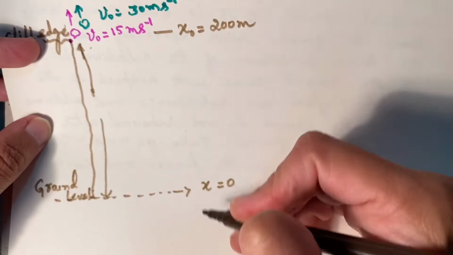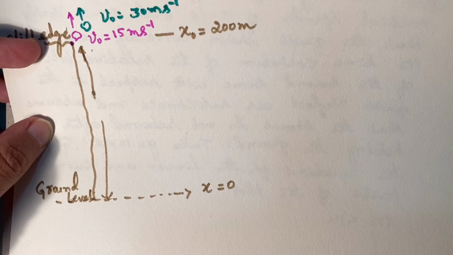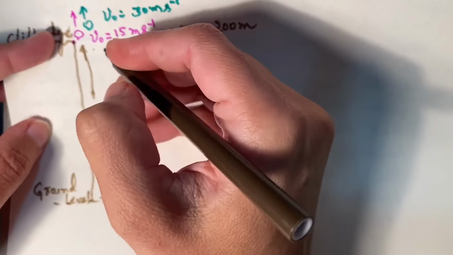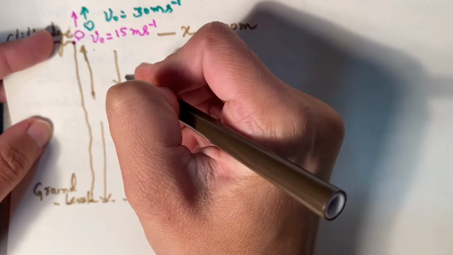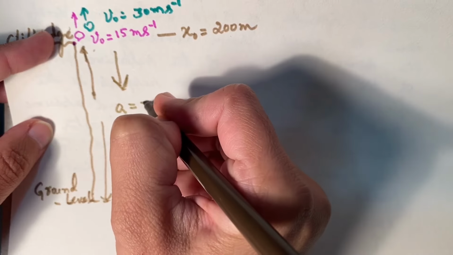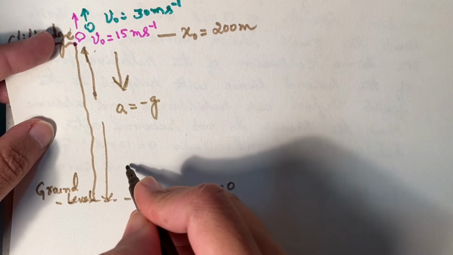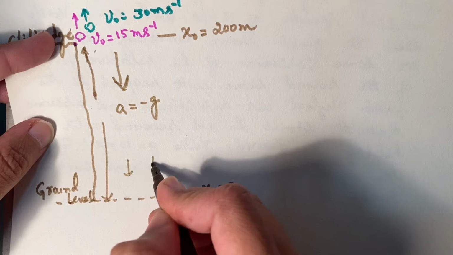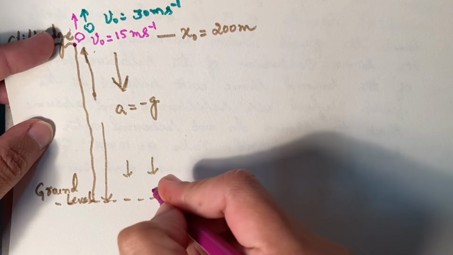So there is a distance of how much? 200 meter, right? Now, both the stones experience acceleration due to gravity in the downward direction, and the acceleration due to gravity is given by minus g. Upon reaching the ground, both the stones come to rest, right?